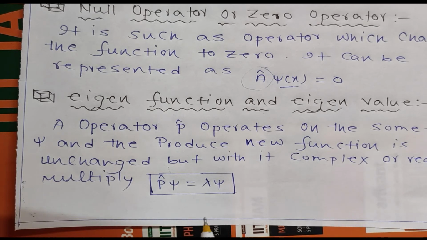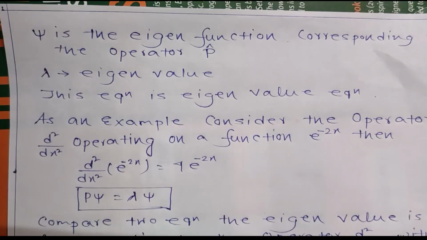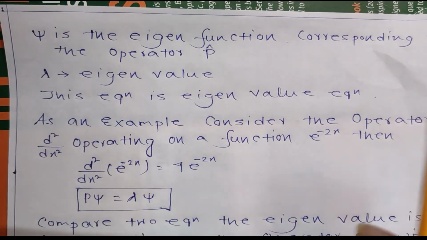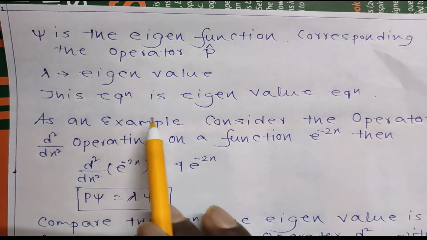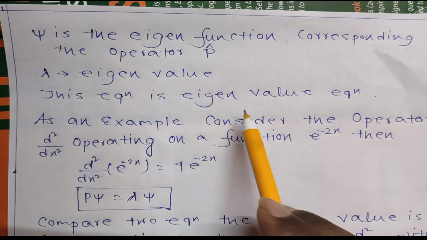So psi is the eigenfunction corresponding to the operator P, and lambda is the eigenvalue. This equation is also known as the eigenvalue equation.